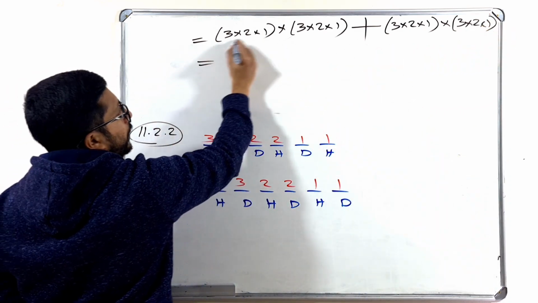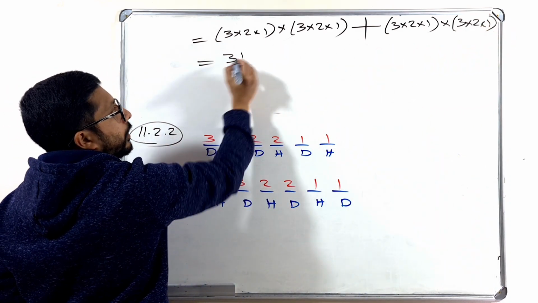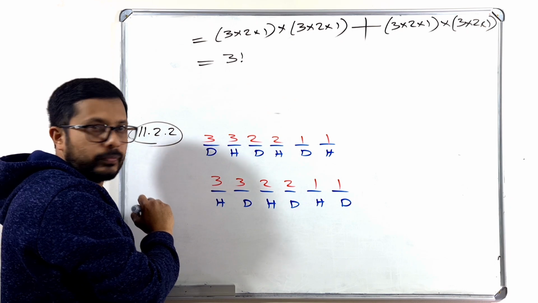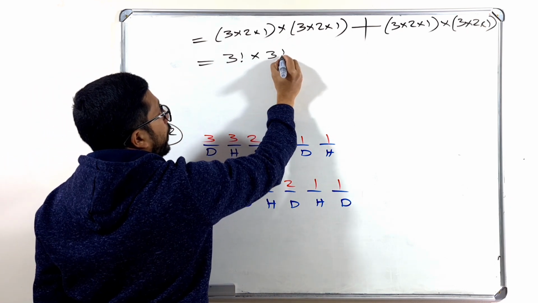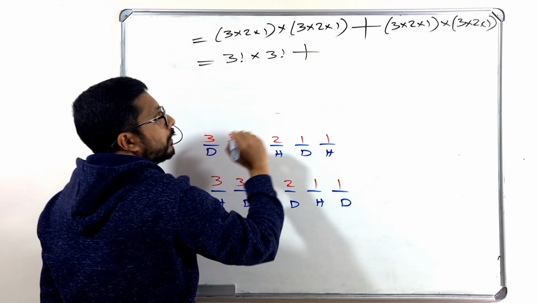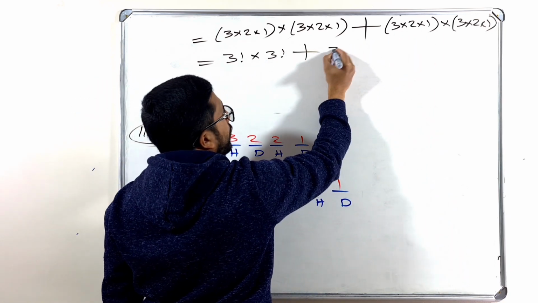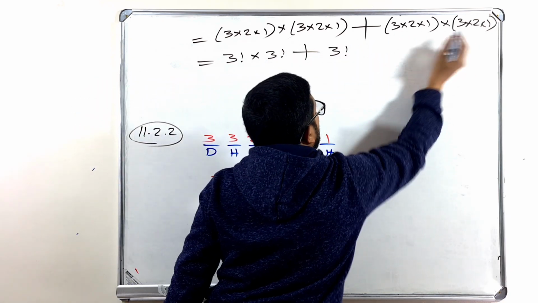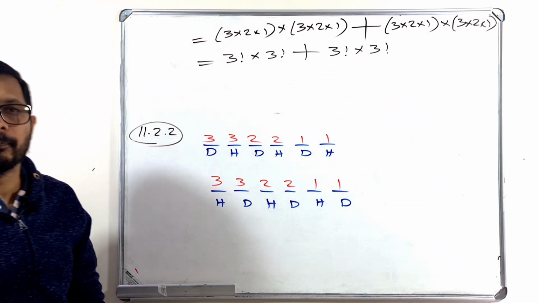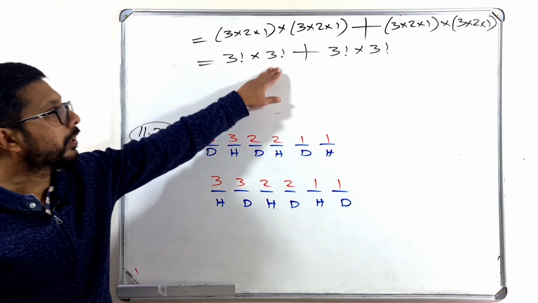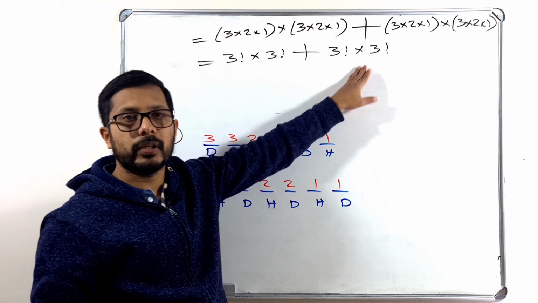Actually 3 times 2 times 1 is the same as 3 factorial. You studied that one. So 3 factorial times 3 factorial plus 3 factorial times 3 factorial.